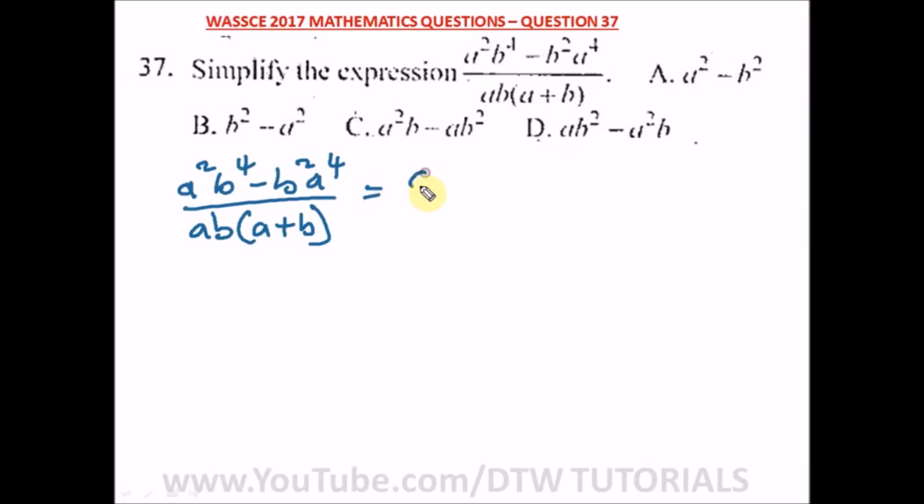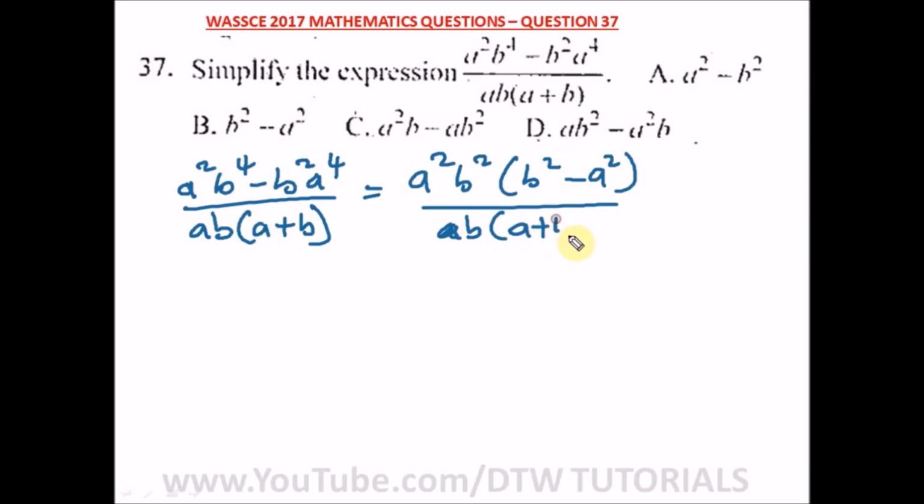We can bring out a square and b square, and from here we're left with b square minus a square, divided by ab bracket a plus b.